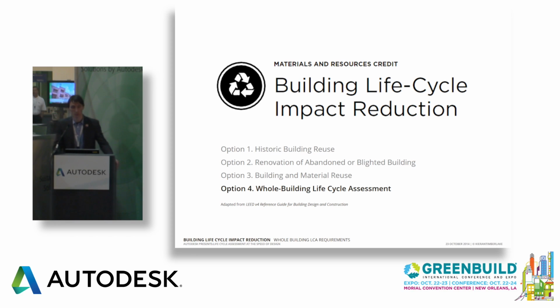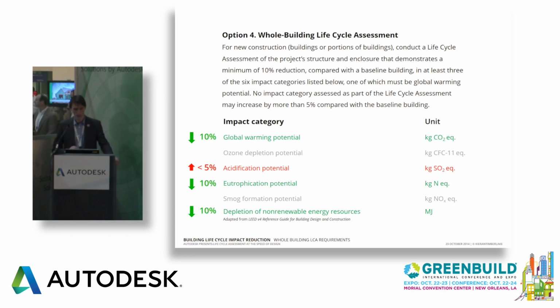So just to touch briefly on the LEED v4 credit, which I assume most of you are probably aware of, on building life cycle impact reduction. There's a variety of ways in which you can achieve this credit, and we'll really only be touching on option 4, which is the whole building life cycle assessment. And I'll just restate it here briefly for you.